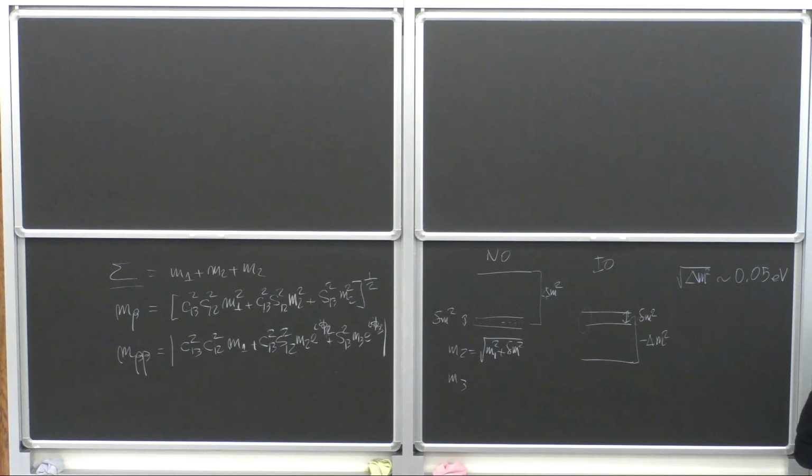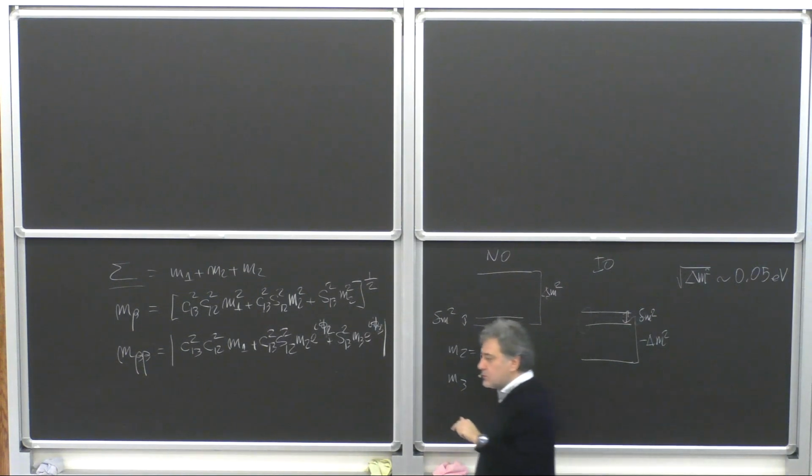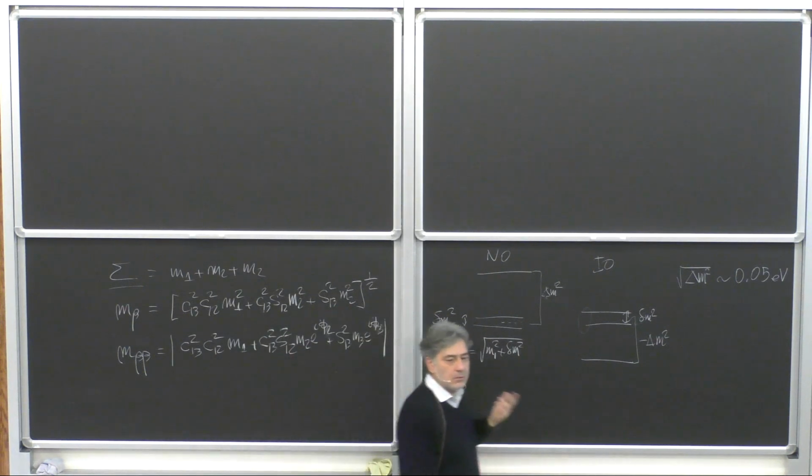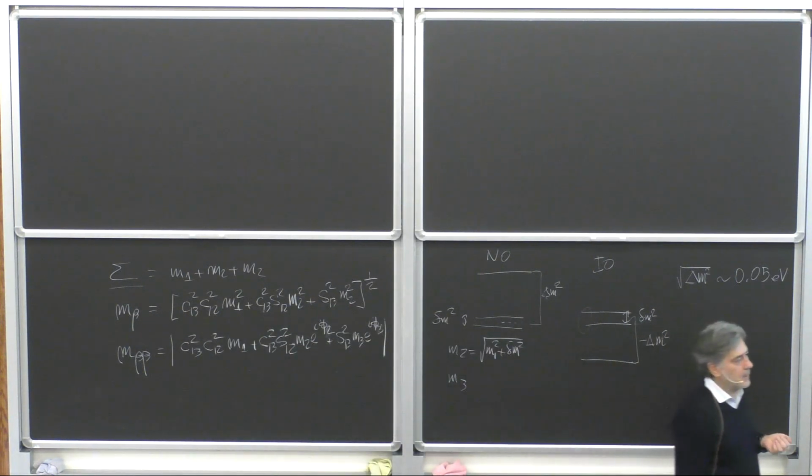Okay, this is an unlucky possibility. While if the true ordering is the inverted one, so this one, then neutrinoless double beta decay experiments could find a positive signal if neutrinos are the main contribution to the neutrinoless double beta decay.